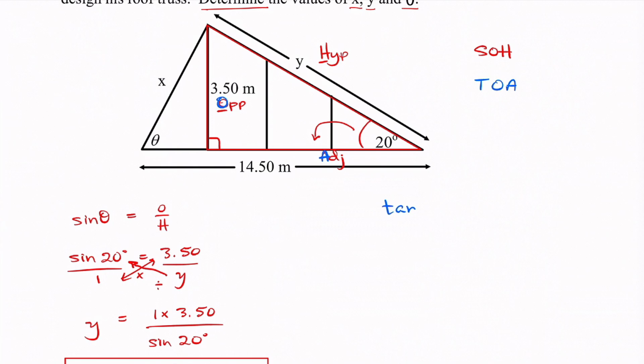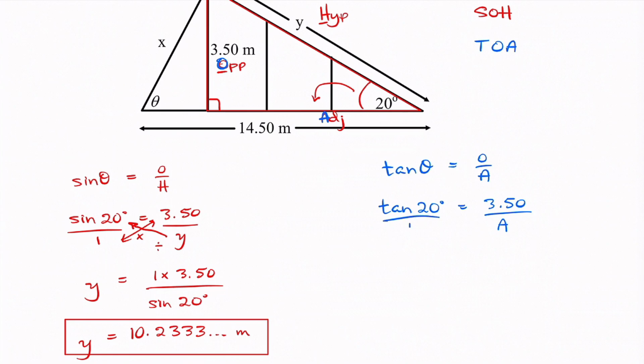So I got tan theta is opposite over adjacent. And then tan of the angle is 20. So tan of 20 degrees equals opposite, 3.50, over adjacent. I'm just going to use the letter A. And then I can put this over 1, do my cross multiply divide.